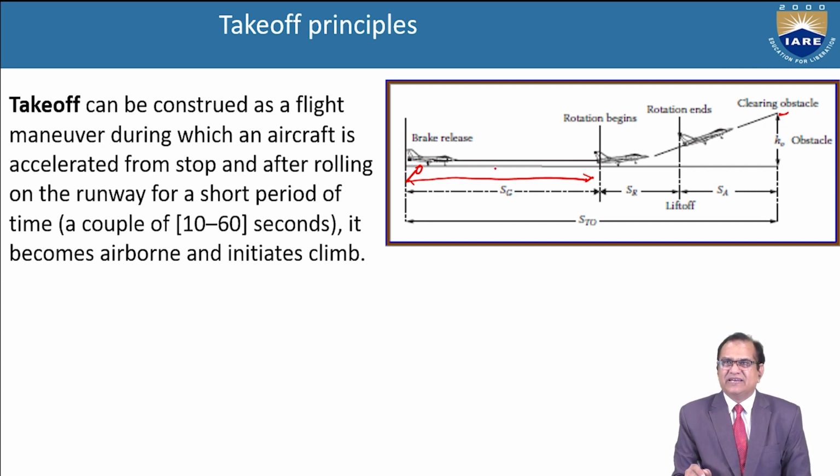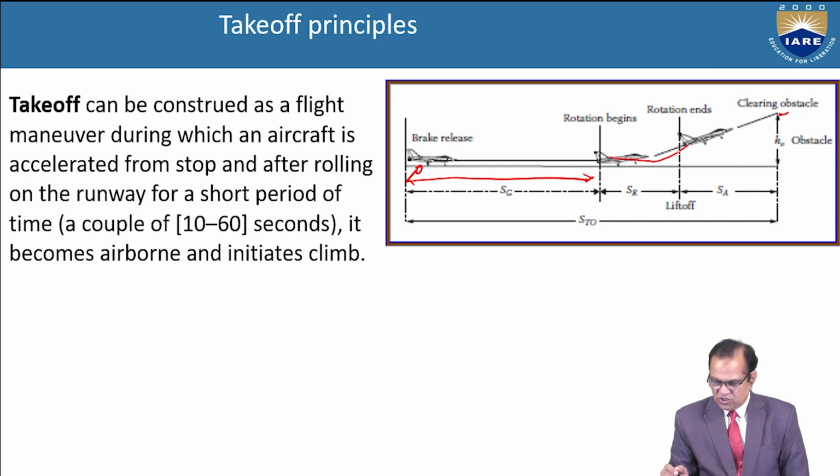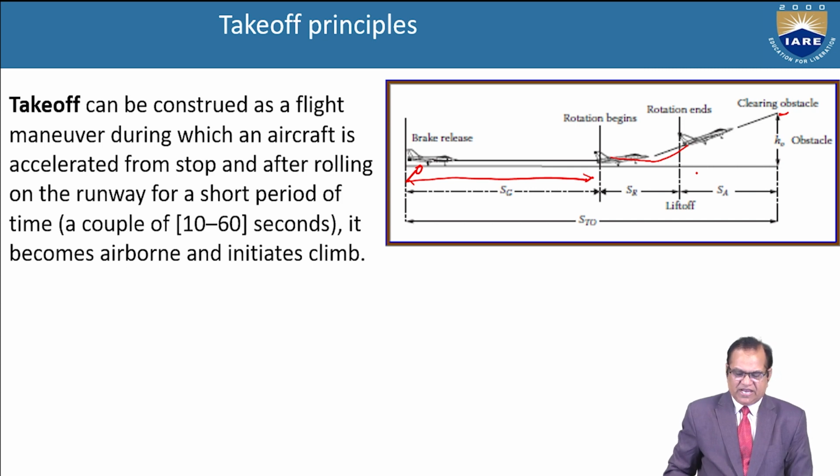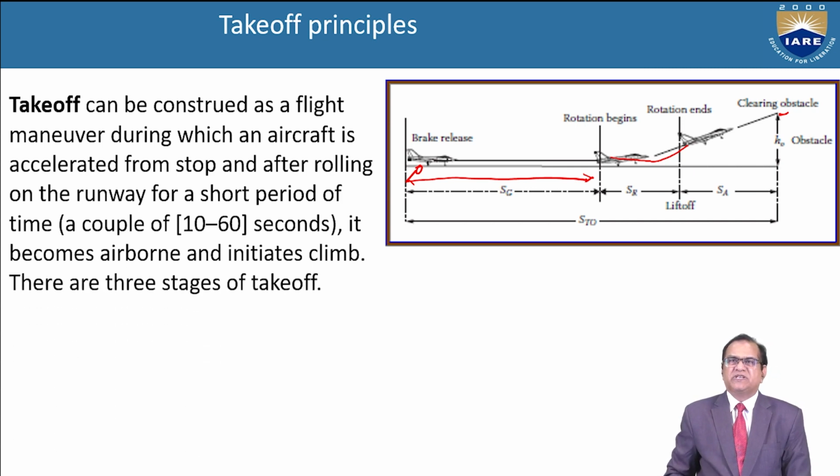From here in the same line it will start nose up. This is where the rotation begins, and here rotation finishes, and then it starts accelerating in the same direction. From here it is a curvature like this. So this is the lift off. In this way, the takeoff principle is explained here.